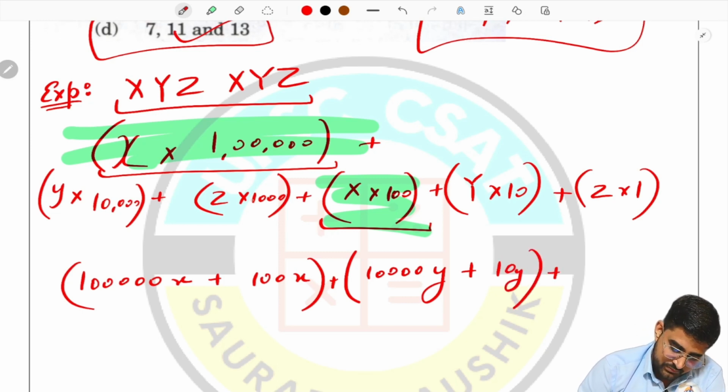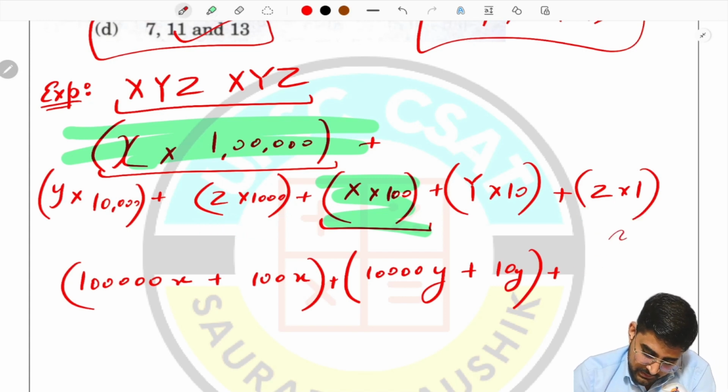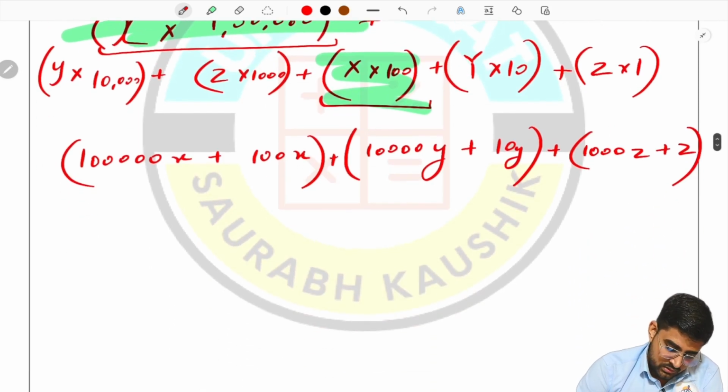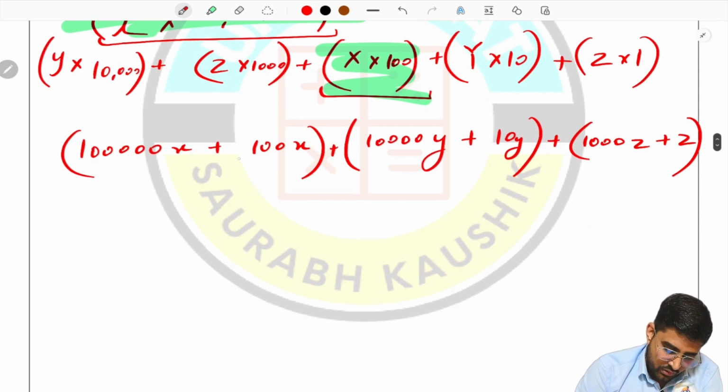Now on the next step, take this one, 1000z plus z. Now add them or take common. I suggest you please take common. So you take 100x common. What are you left with?